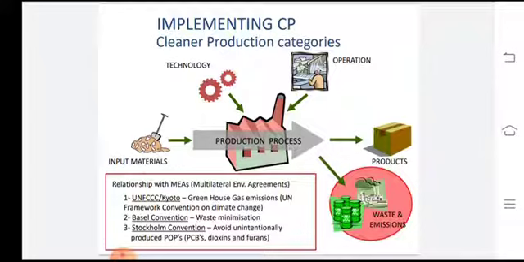And some of the obligations on these industries include the Kyoto Protocol on greenhouse gas emissions, the Basel Convention about waste minimization, and the Stockholm Convention about avoiding unintentionally produced persistent organic pollutants, PCBs and dioxins and furans. I'm sure you are well aware of all these topics and concepts. So what are persistent organic pollutants, what are PCBs, polychlorinated biphenyls, and what are dioxins, what are furans?